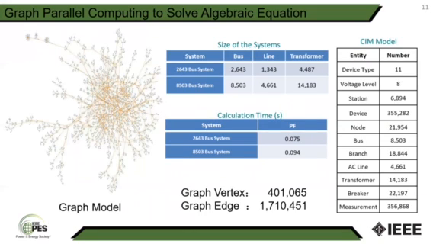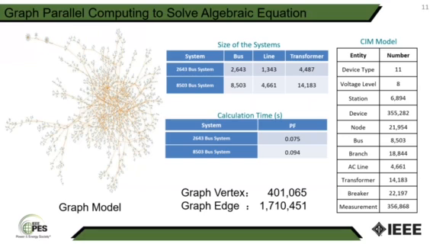We use this method to test on two systems, the 2600 system and the 8500 system. They are large systems. We use a graph to model the system, just as we show on the page. The orange lines represent the edges and the blue dots are vertices.